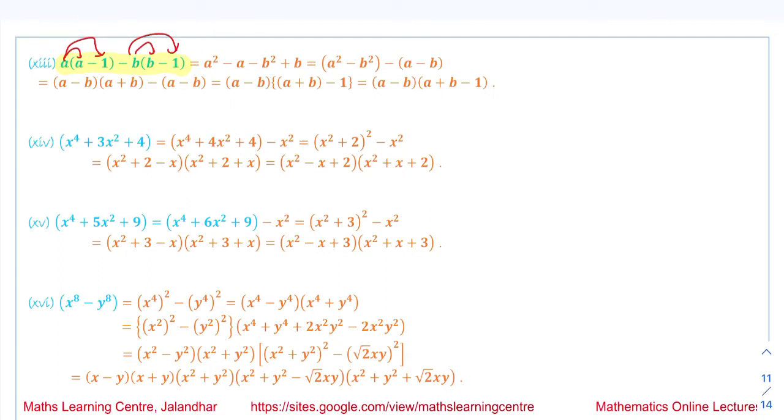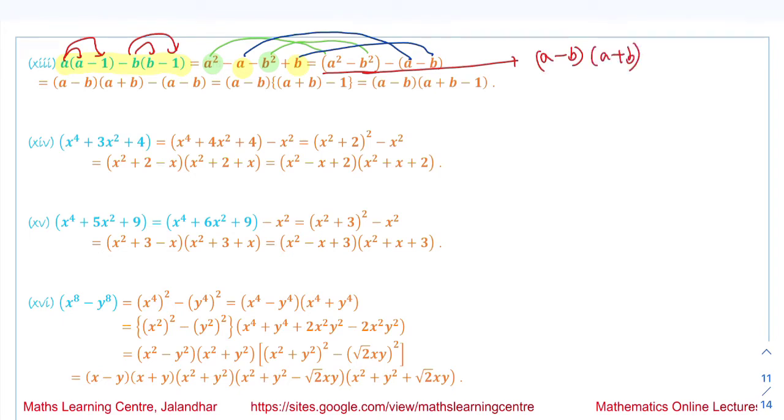Now we group these terms: a square and b square we make one group, and a and b we make another group. So what we get is a square minus b square, and second is minus a plus b. On the first term we are using the formula a minus b into a plus b, and second is a minus b, and in this term a minus b we can take common.